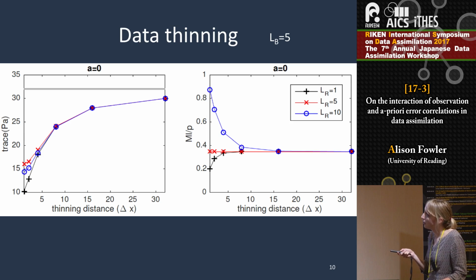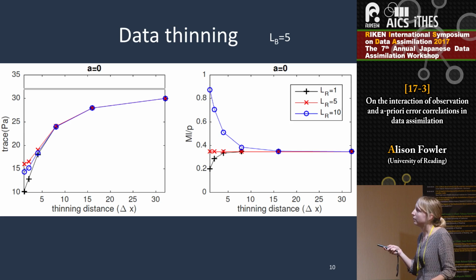But the different lines are different observation error correlation length scales. We get a peak in the analysis error variances when the correlation length scale in our R matrix, so in our observations, is the same as in the B matrix. And then this reduces as you either increase or decrease it away from the B matrix.